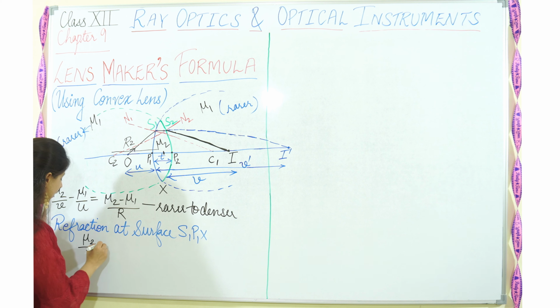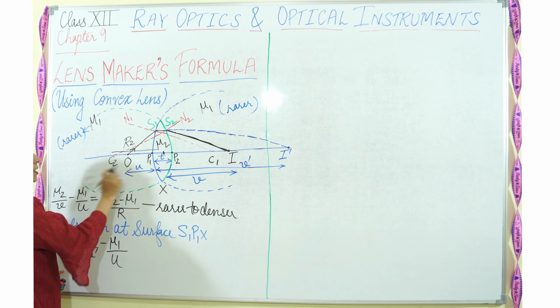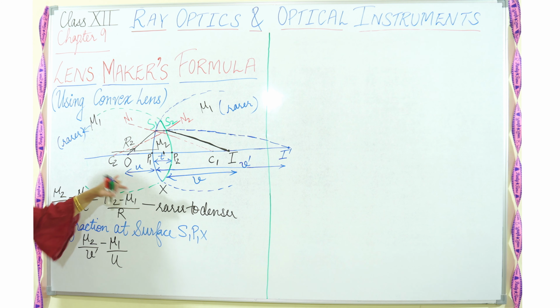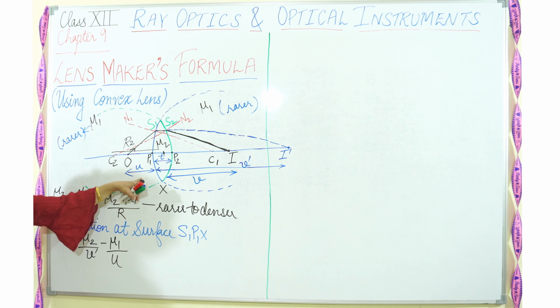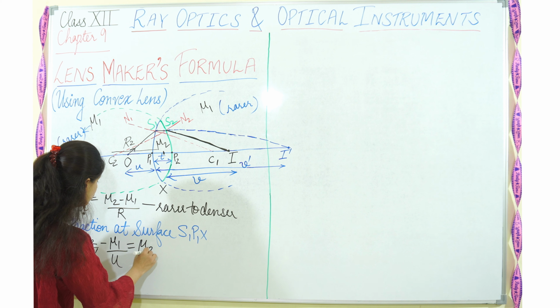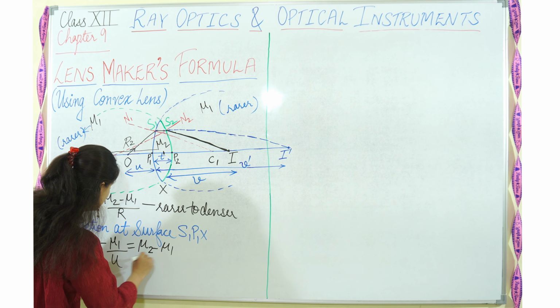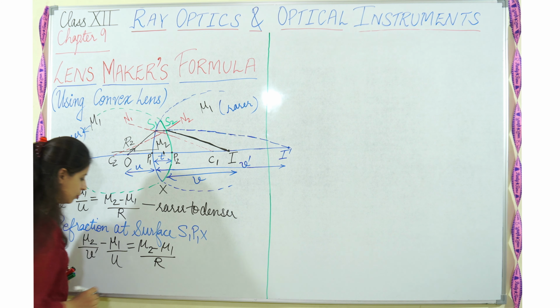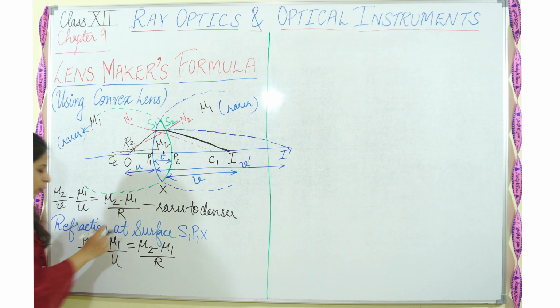So minus mu1 upon u. It is clearly seen, u is the distance of the object from the lens, is equal to mu2 minus mu1 upon r.